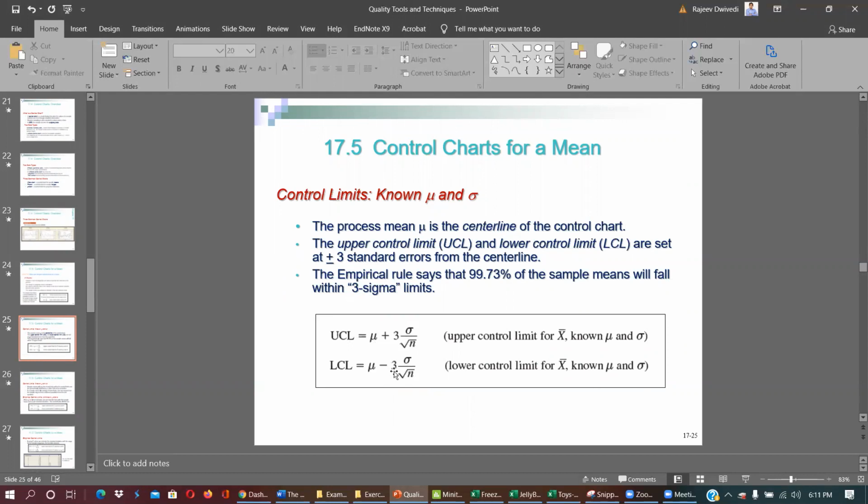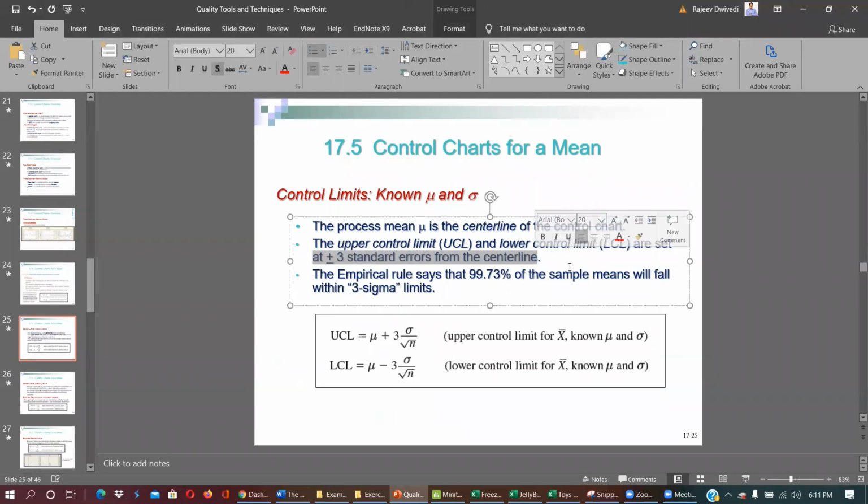So this is the upper and lower control limit, which is 3 standard errors from the central line. The empirical rule says, as you remember, 99.73% of sample means will fall within the 3 sigma limit.